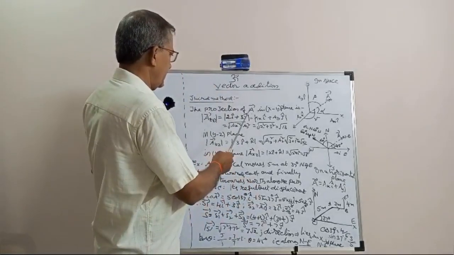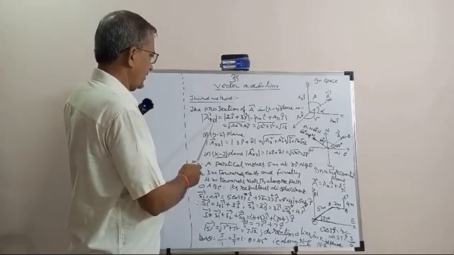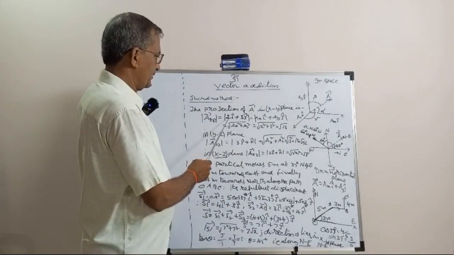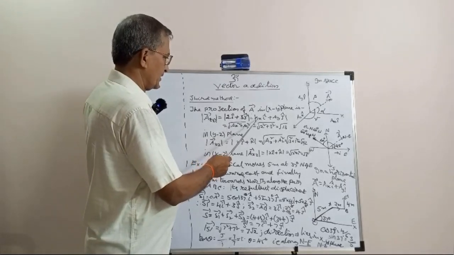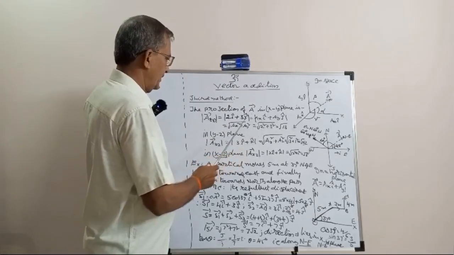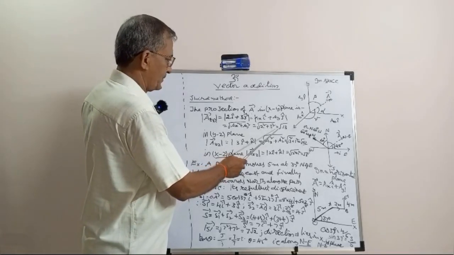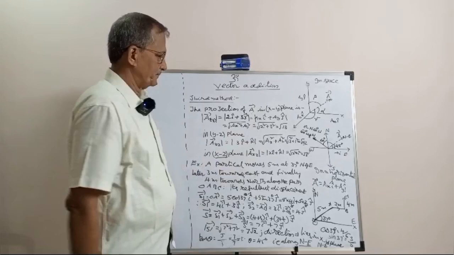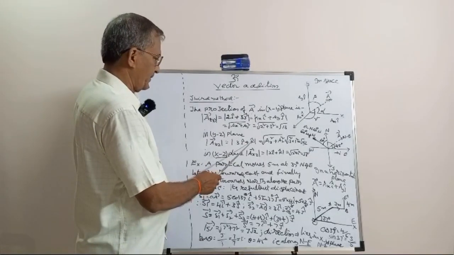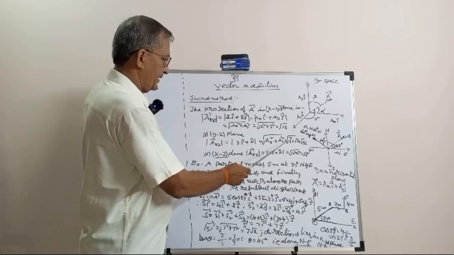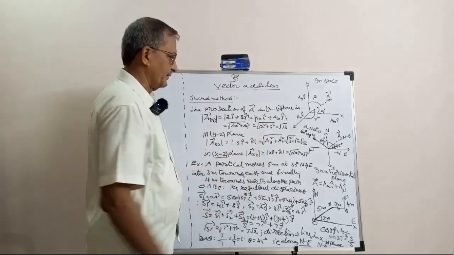The projection of A bar in the xy plane is given by the modulus of A bar xy, which is the modulus of 2i cap plus 3j cap, and it is under root 2 square plus 3 square, that is under root 13. In the yz plane, it is 3j cap plus k cap, modulus, and it is under root 3 square plus 1 square, that is under root 10.